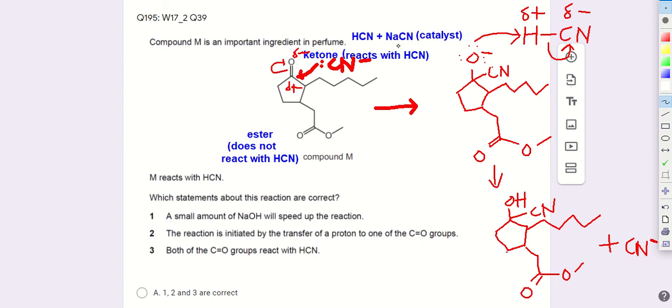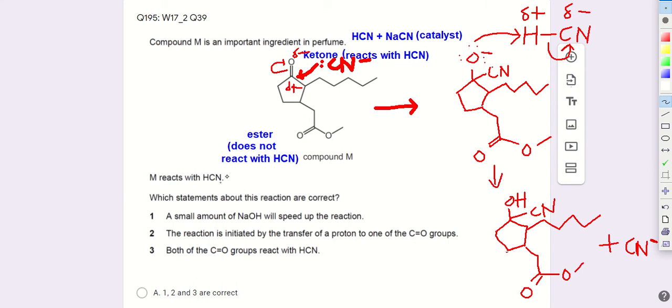We use a little bit of an ionic salt, sodium cyanide, which easily dissociates into Na plus and CN minus. As long as you add anything that gives you more cyanide ion at the beginning, it can speed up the reaction. That's why this is called a catalyst.